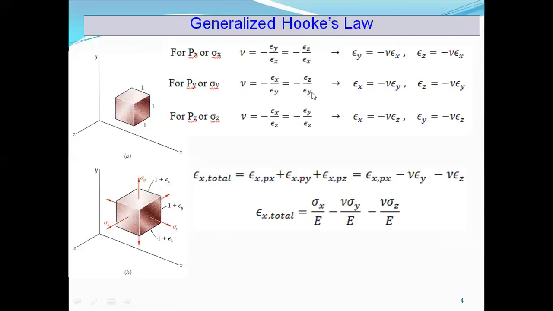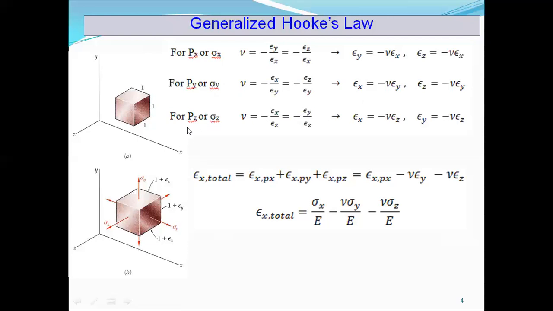From there, epsilon x is equal to minus mu epsilon y, and epsilon z, using this equation, is equal to minus mu epsilon y. So this is the strain along x-axis due to load Py or stress sigma y, and this is the strain along z direction due to loading Py.